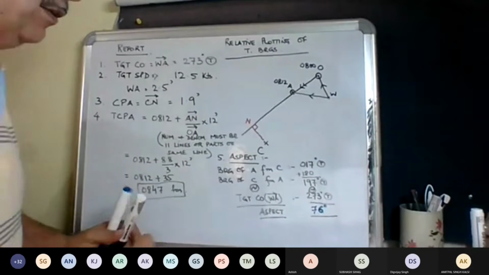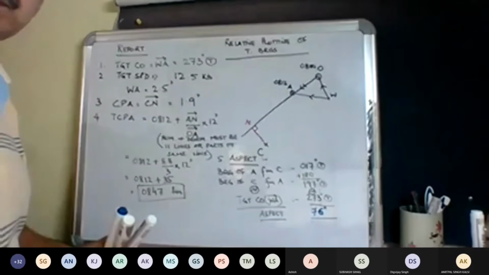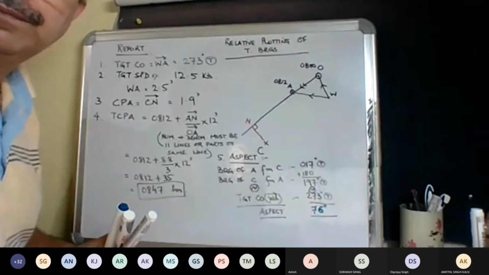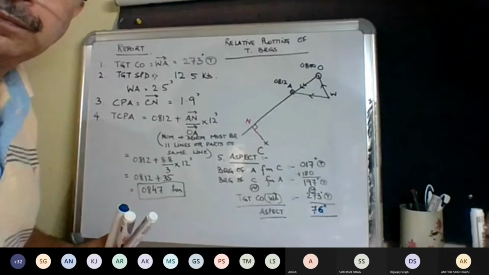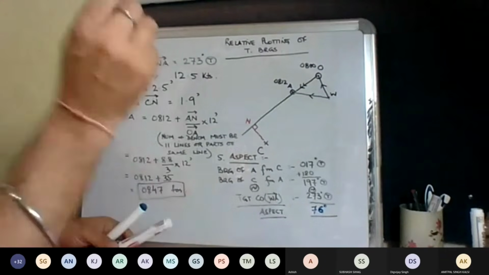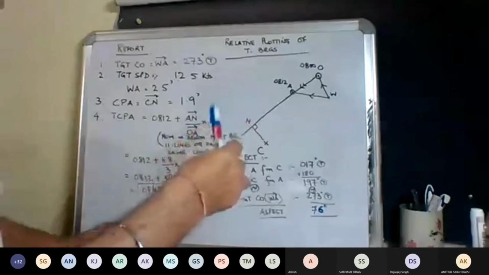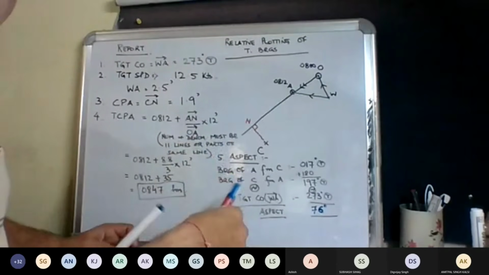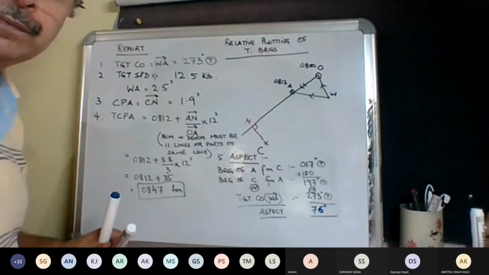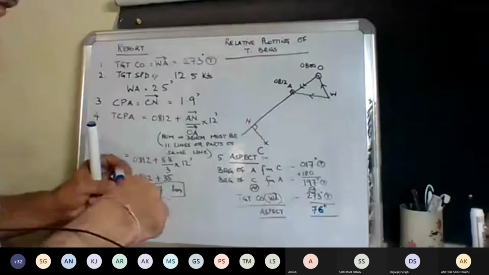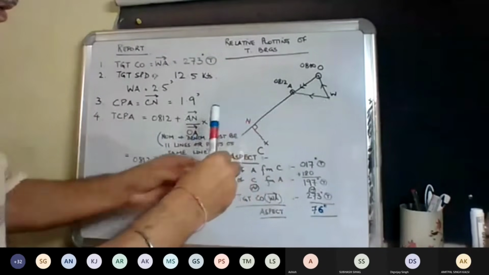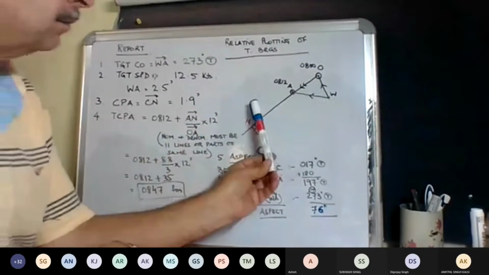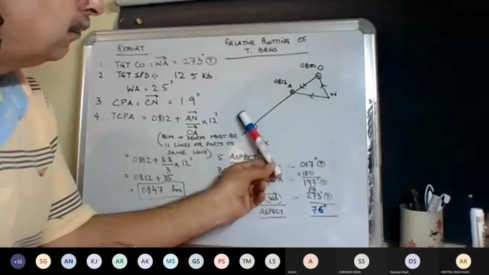Now I have to name it. So for naming, there are two ways to do it. One is put yourself on Charlie, on your heading of 340.